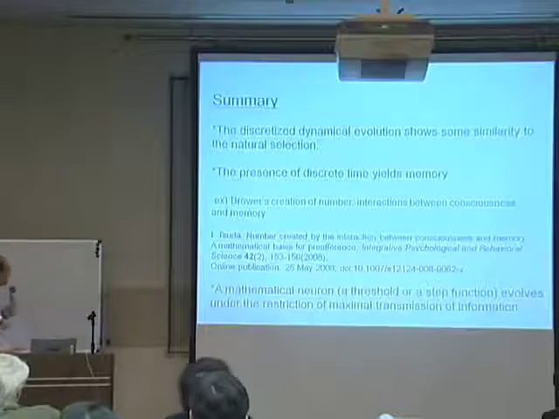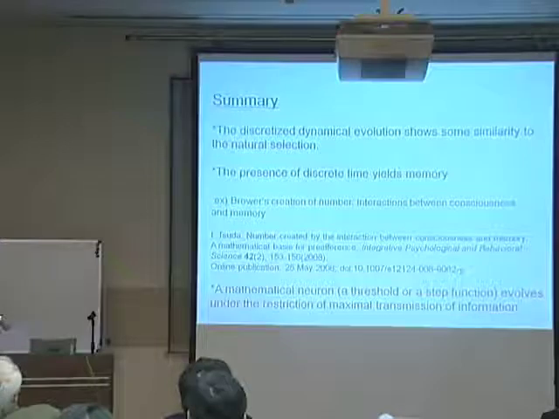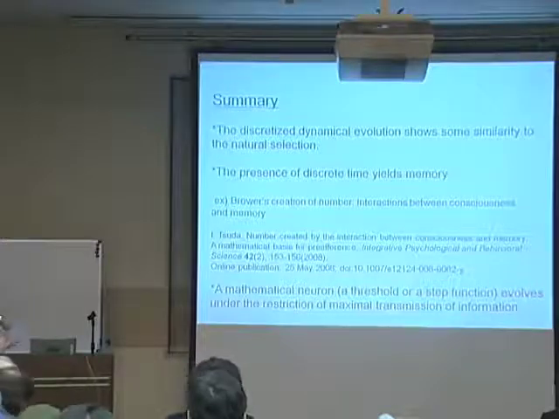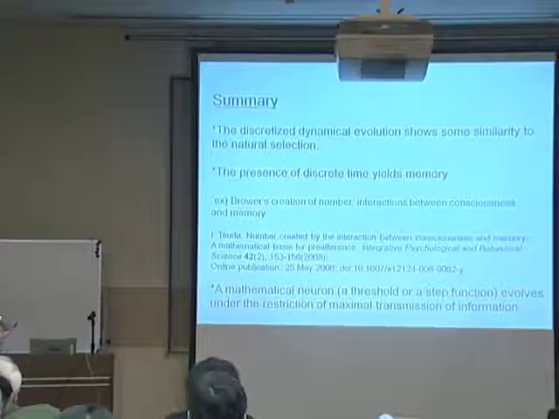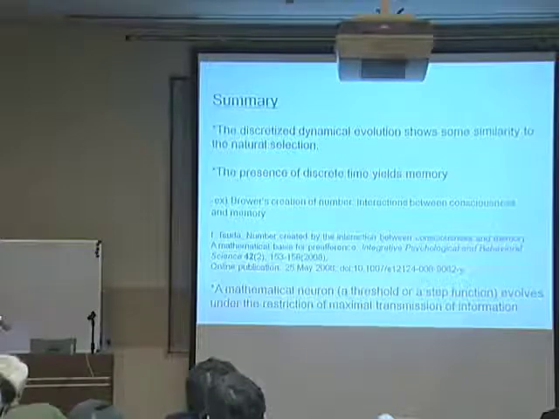So let me summarize my first talk. I gave you two topics, which may be related to each other behind the scenes. The first one is a discretized dynamical system. The discretized dynamical evolution shows some similarity to the natural selection process.